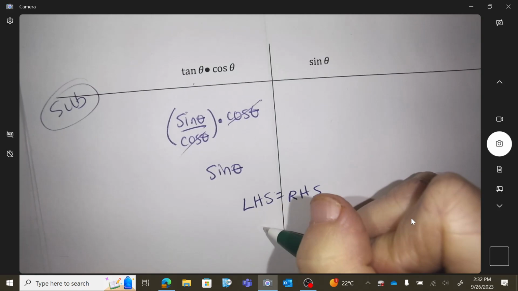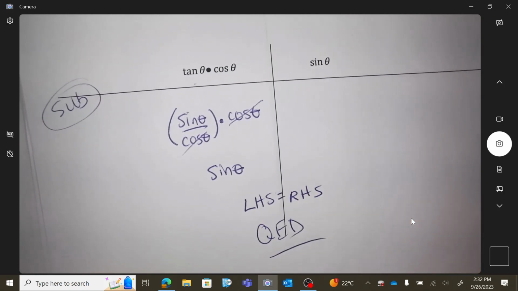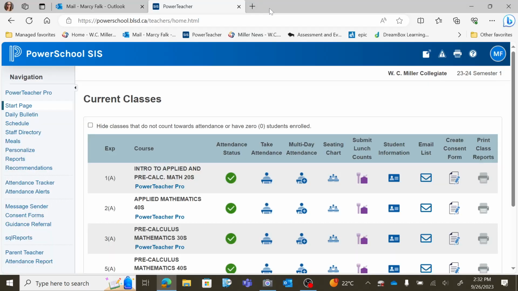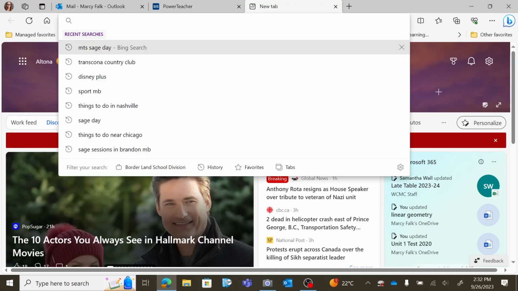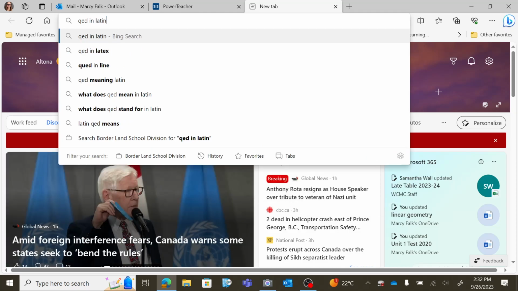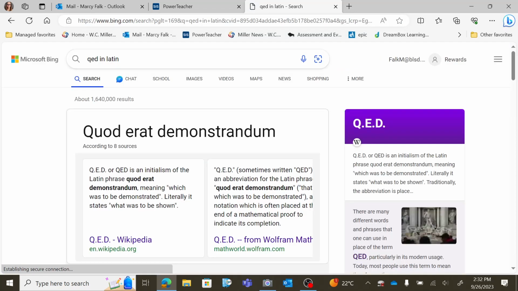Or you can write QED, which is Latin for, I should remember this... there, that's what it means. Quod erat demonstrandum basically means, look at it, I demonstrated it.